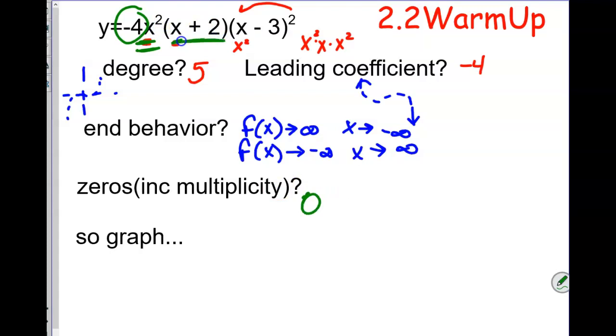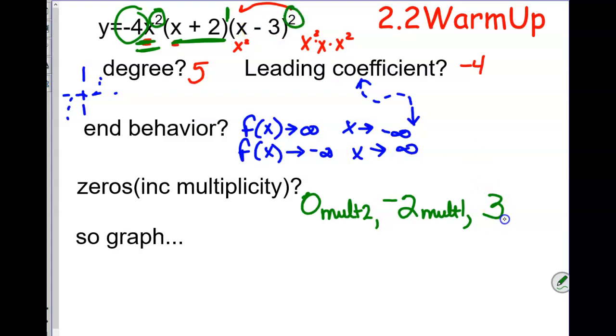If we put in what in this term? -2, and back here if we put in a +3. Everybody good? Okay, 0 has a multiplicity of 2 because that little exponent up there, that's all multiplicity means. -2, there's no exponent, it would be multiplicity 1, and you really don't even need to write that. And back here, this one has a multiplicity 2.